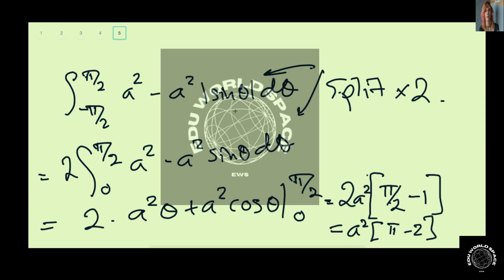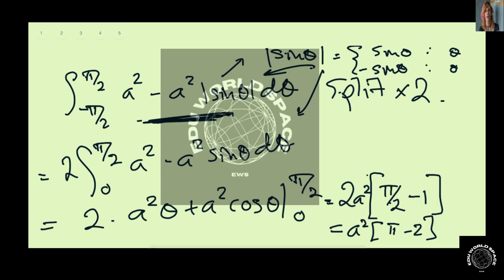So we get this, and remember the absolute value of sine is equal to sine and negative sine theta for different values of theta, okay? And what we see is that we really have an even function here. Okay, so if you just add another slide.